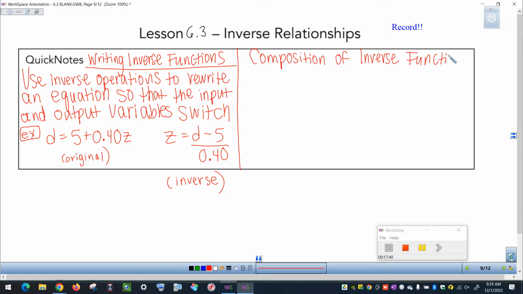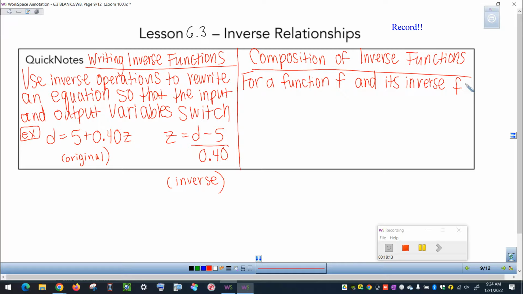All right, and then our second learning target for today, connecting back to what we did on Tuesday. Here we're looking at composition of inverse functions. What we're going to say on this side is going to be true for a function f. We'll think of that as being the original function, and its inverse, which is the f that has a little -1.